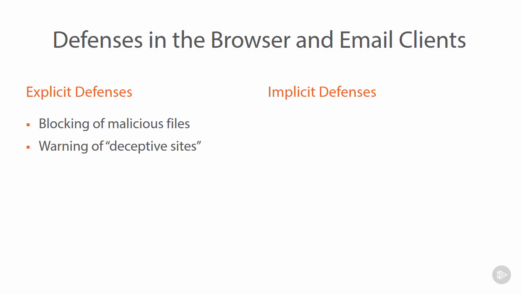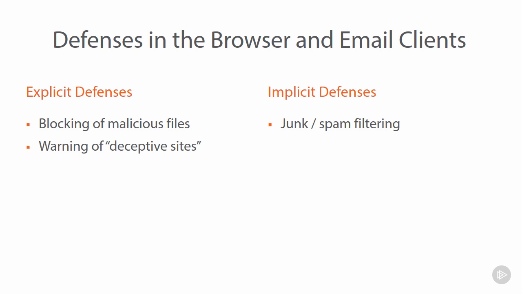Over on the implicit defenses side of things, we're talking about the humans having to be a little bit more proactive. So an example of this is junk or spam filtering. Now this does sort of fall into both categories because clearly an email client will automatically flag a whole bunch of mail as being junk or spam. But it's an implicit defense in the context of humans still needing to review what's in there.